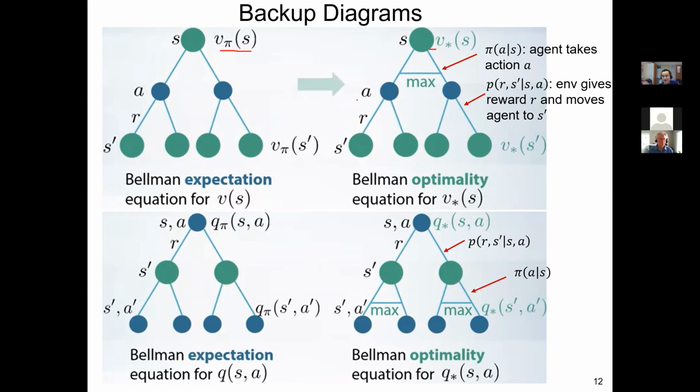One is from green to blue, where the agent has the initiative and takes an action, and from blue to green, where the environment has the turn to give the reward and move the agent to a new state.